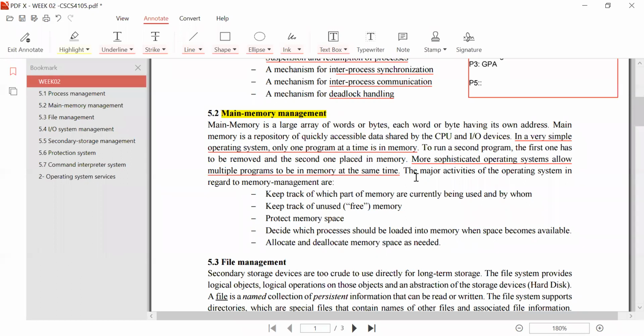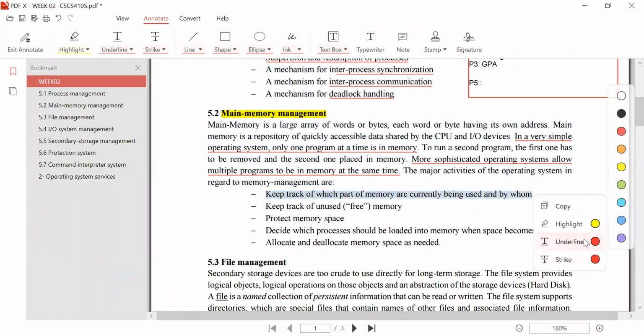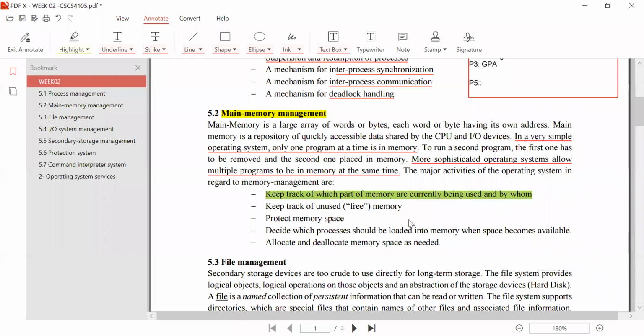Okay, now we have the major activities of the operating system in regards to memory management. It keeps track of which part of the memory is being used and by whom. Okay, it is very critical. The operating system needs to know which part of the memory is currently being used and by which process.